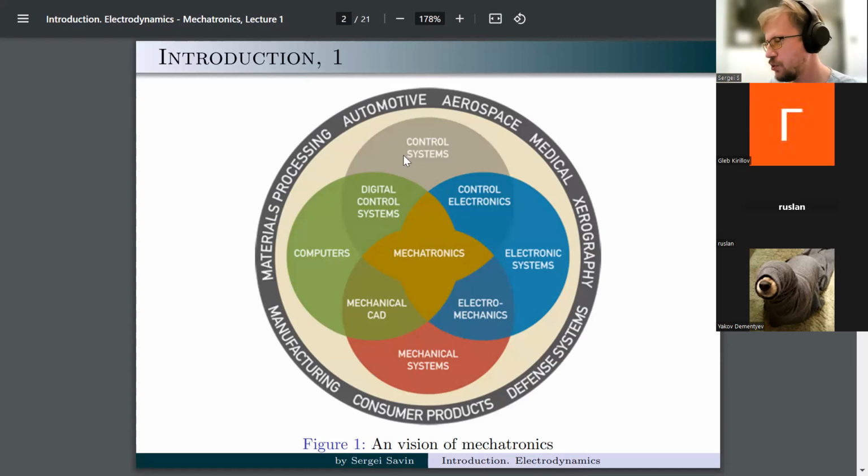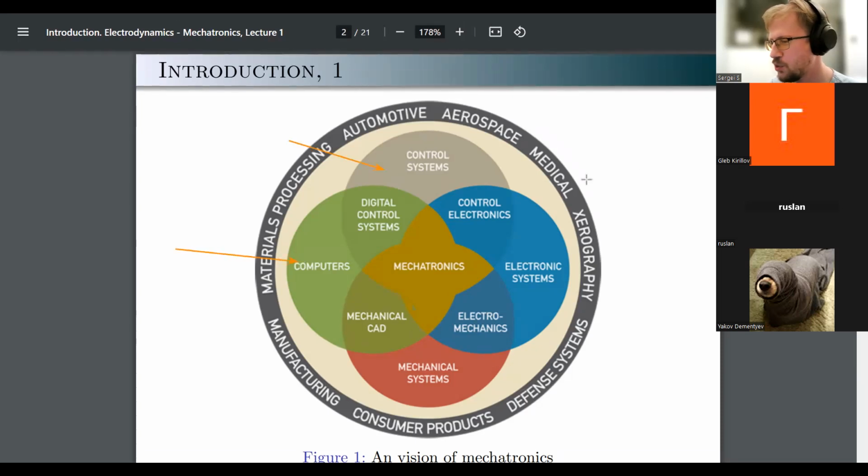What this picture is supposed to tell you is that mechatronics is like the intersection of everything good, right? You have pretty much everything you study: computers, control systems, electronics, mechanics, and all of this is somehow combined to produce mechatronics. Great.